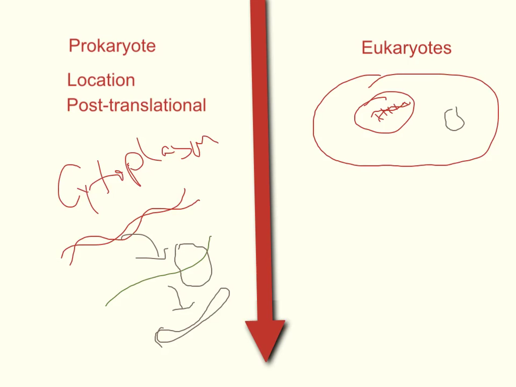So the DNA has to change into RNA, and then the RNA is going to transfer outside of the nucleus and then go into the ribosomes, and those ribosomes are then what's going to make the protein. Okay? So first off, the location, it only occurs in the cytoplasm in prokaryotes, whereas it occurs in two different locations in the eukaryotes, both the nucleus and the cytoplasm, or the ribosomes.